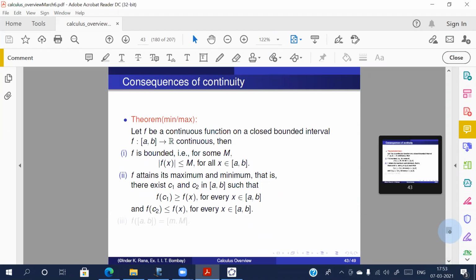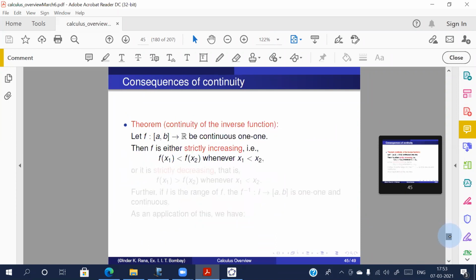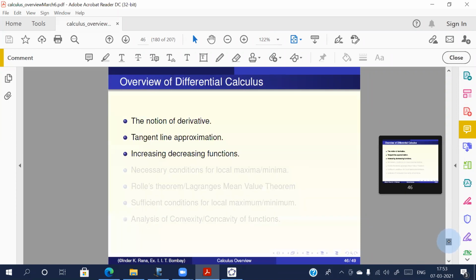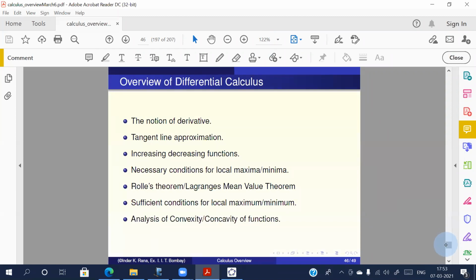So let us go ahead. There is a fixed point theorem, continuity of the inverse function, and so on. Let us come to the derivative, which is a part of what we normally think of as calculus. The notion of derivative, the tangent line approximation, how derivative is used for increasing and decreasing functions, necessary conditions for a local maxima, local minima, Rolle's theorem and its generalization called Lagrange's mean value theorem, sufficient conditions for local maxima, minima, convexity and concavity of the function.